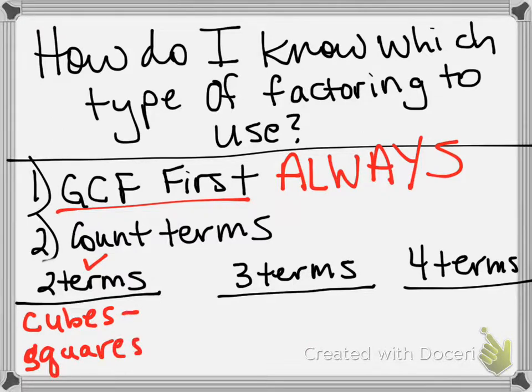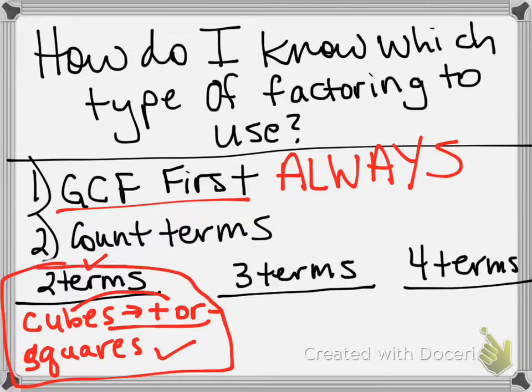And if you have cubes, you'll check to see if it's plus or if it's minus. So it could be the difference of squares, it could be the difference of two cubes, or it could be the sum of two cubes. So if you have two terms, these are your options.